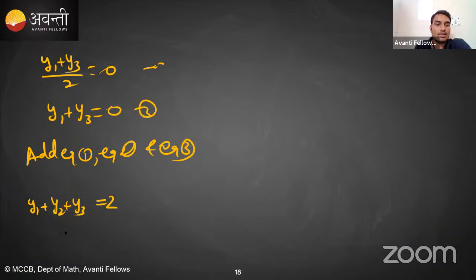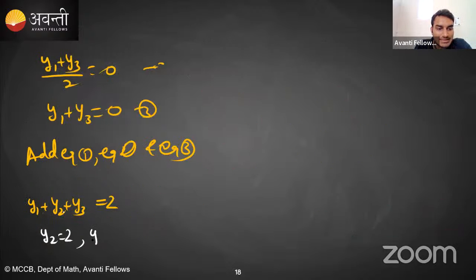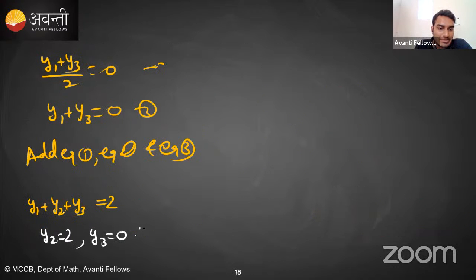Now turn by turn you can get y1, y2, y3. For example, y1 + y3 is 0, so y2 comes out to be 2. y1 + y2 is 2, so y3 is 0. y2 + y3 is 2, so y1 is 0. So now you have got the y coordinates also.